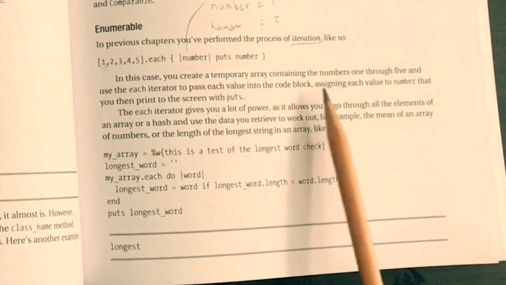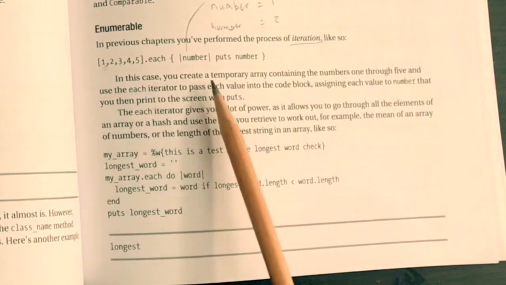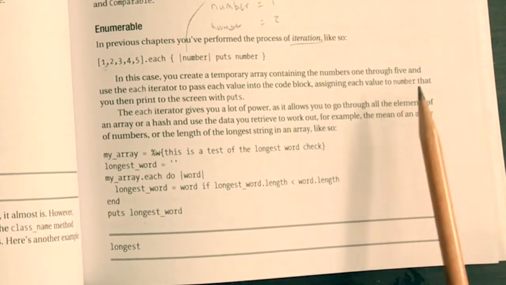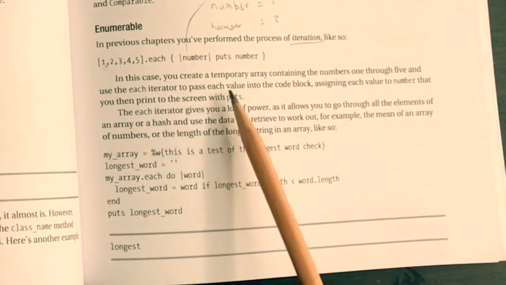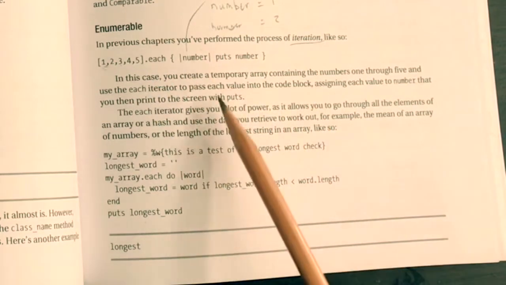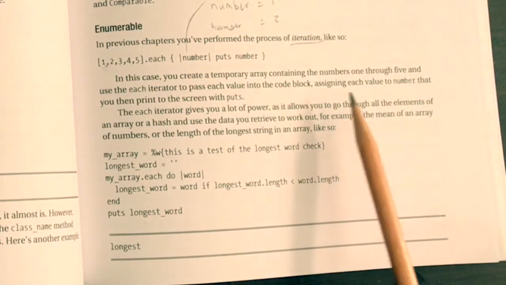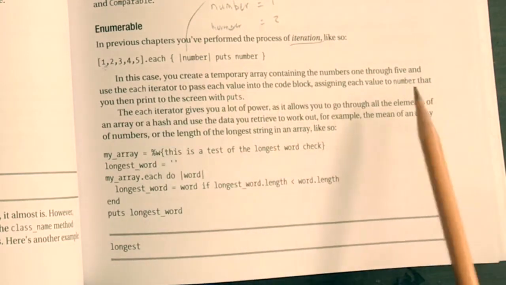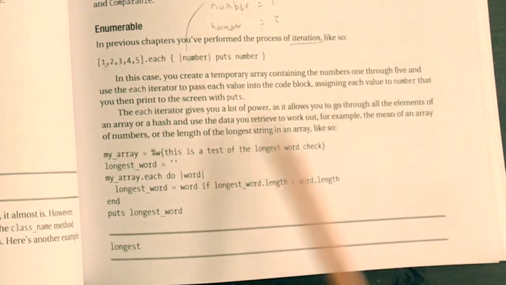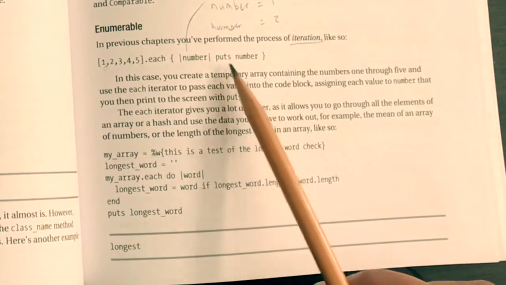Let me read this again. In this case, you create a temporary array containing the numbers 1 through 5 and use the each iterator to pass each value into the code block, assigning each value to number, that you then print to the screen with puts.